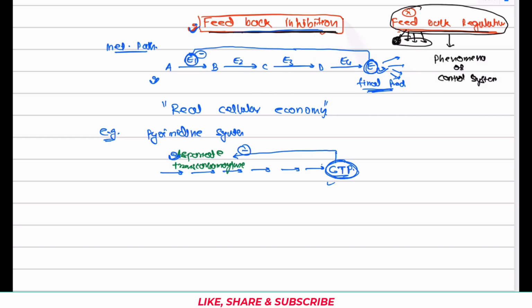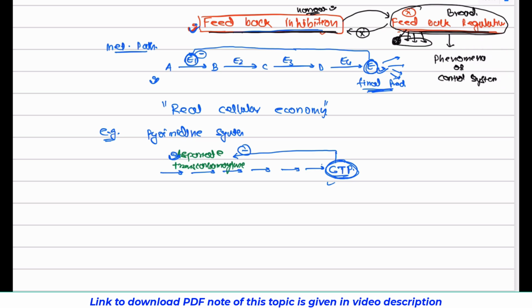So we can say that all feedback inhibitions are feedback regulation, but not all feedback regulations are feedback inhibition. Remember, feedback inhibition is a very narrow term and it represents one specific mechanism, the one we just talked about, whereas feedback regulation is a very broad term.